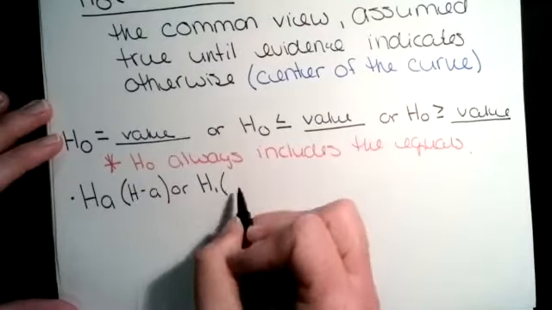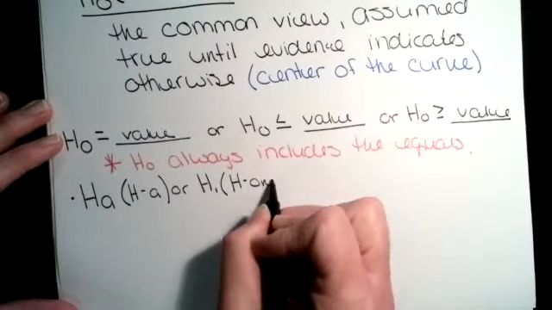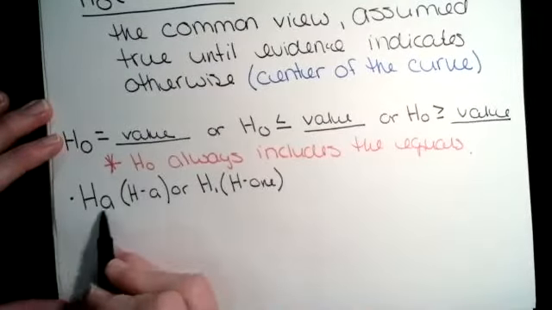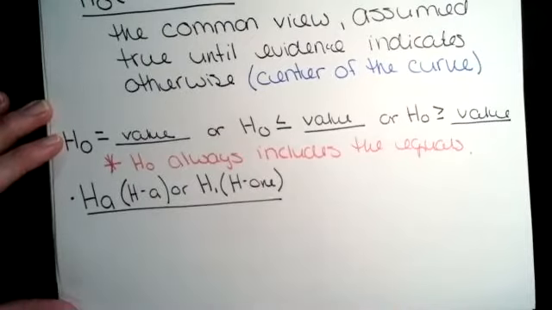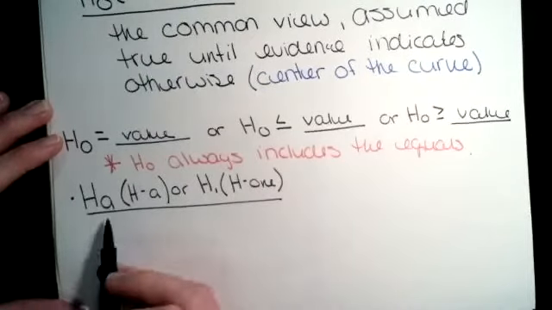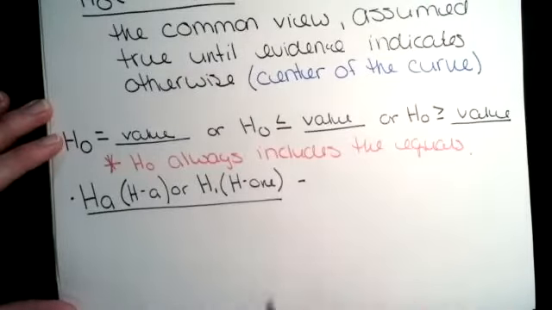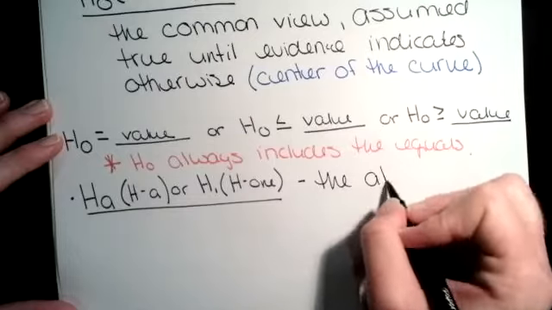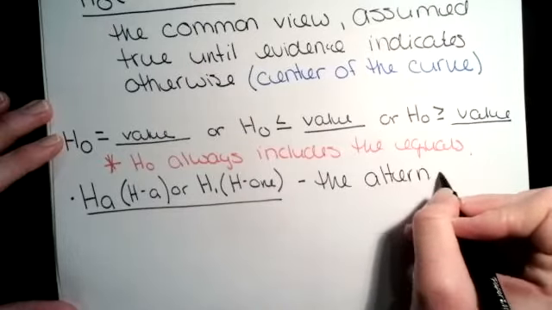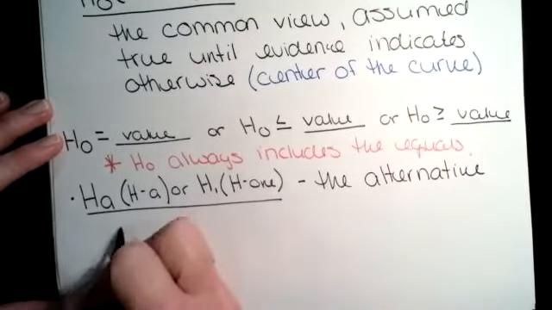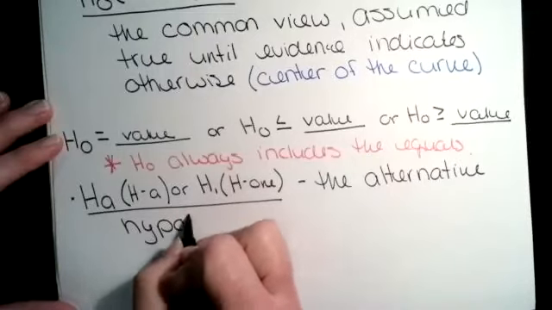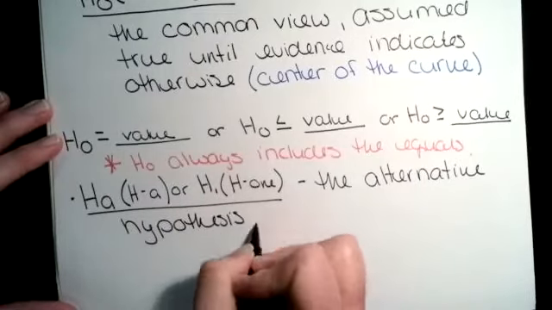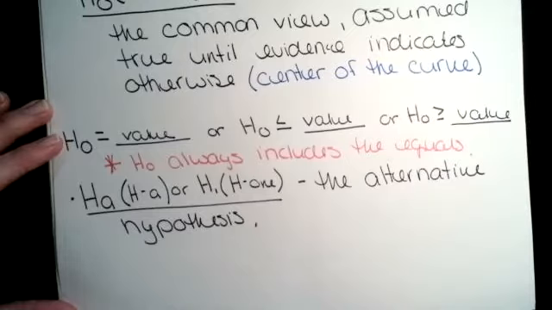Let me write it like this. H1, there. I always write it as HA, so you know. I never refer to it as H1, it's always HA. And the reason why it's HA, it's because this is the alternative hypothesis. This is a new idea.